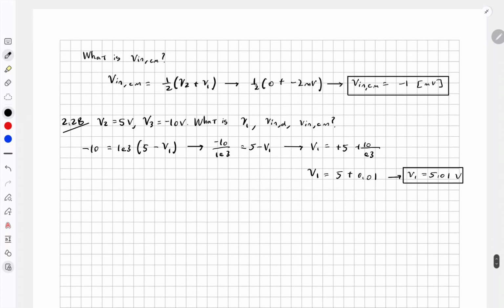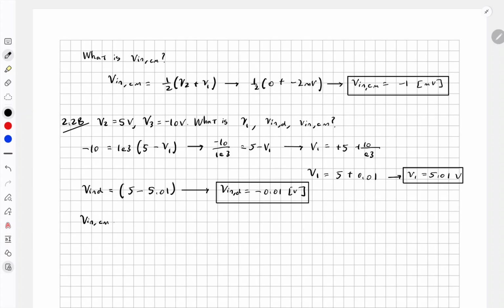Okay, let's find V in D. Remember, it's just the difference of the two inputs. So V2 is 5 minus 5.01. V in D is negative 0.01 volts. And V in common mode, remember it's just the average, so we take 1/2 times V2 plus V1.